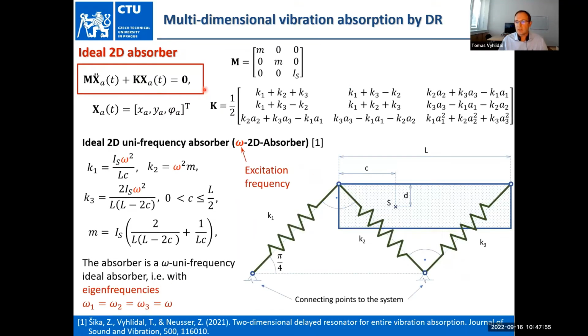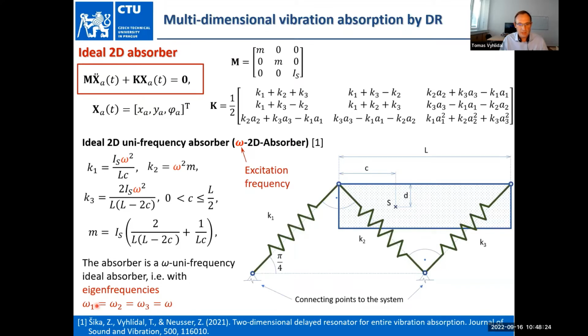So the first task in the design is to propose an ideal two-dimensional absorber, and its basic feature is that it has unified eigenfrequencies. There are 3 of them, and all of them need to be unified with the excitation frequency.